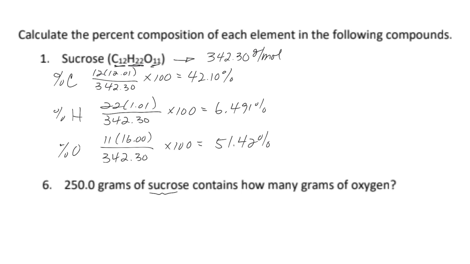So if I know that a sample of sucrose always is going to contain 51.42% oxygen, all I have to do is multiply the mass of that sample times the percent oxygen, and I will figure out how much oxygen I have in that sample. So if I have 250 grams of sucrose, I multiply that times 51.42%, and I get a mass of 128.6 grams.